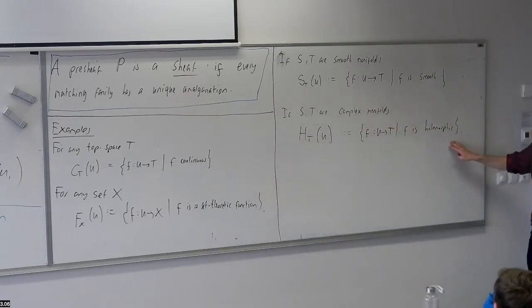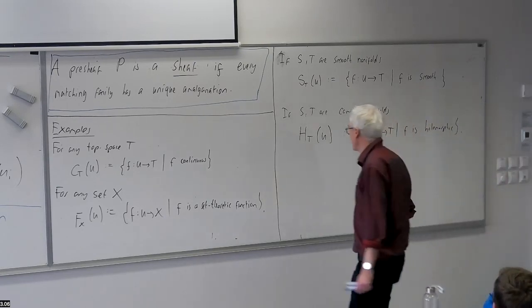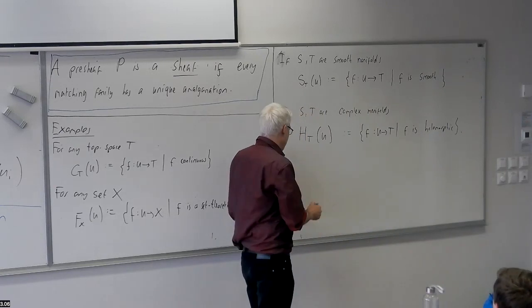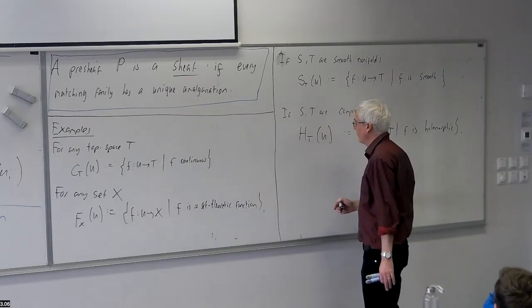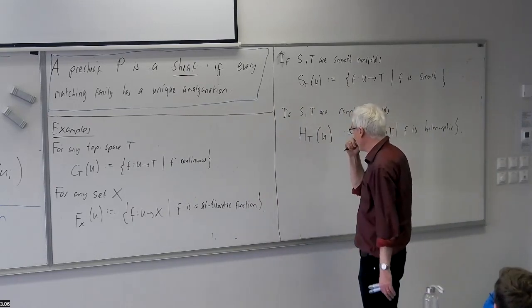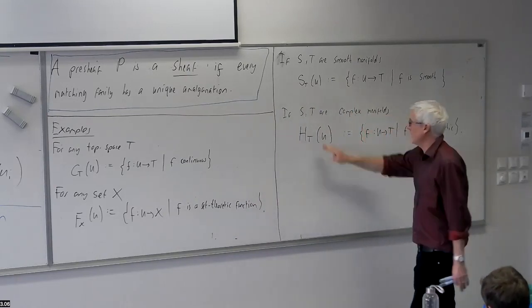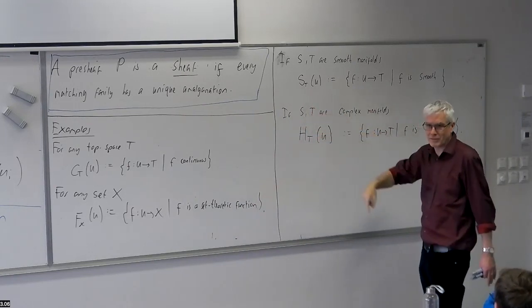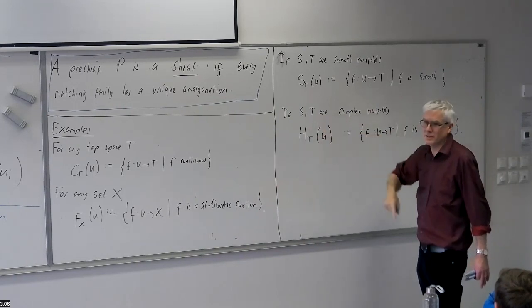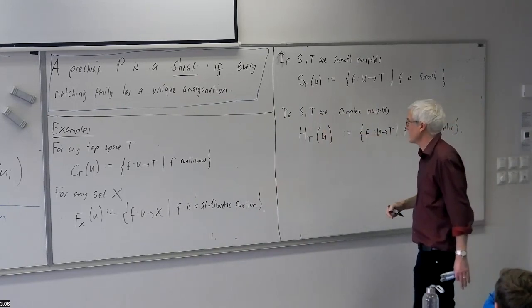Okay, now this is the main example I want to look at today, except let's make it simpler because manifolds are complicated things to deal with. So for the sake of being able to carry on with this lecture at an appropriate level, one that I'm comfortable with as well, I'm going to just make S the topological space of complex numbers, and T the topological space of complex numbers.